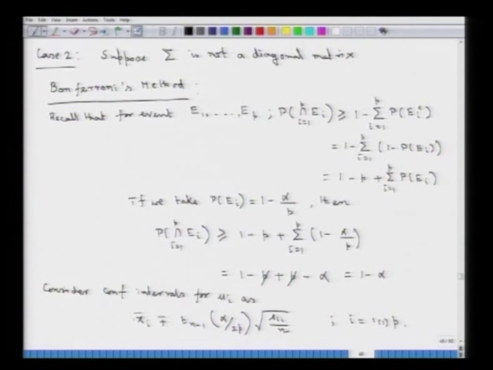So, if we take a confidence interval of this form, the lower confidence limit is x i bar minus t n minus 1 alpha by 2p into root over s i by n, and the upper confidence limit is x i bar plus t n minus 1 alpha by 2p root s i by n.